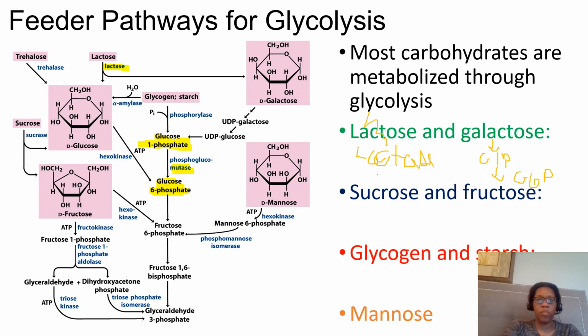So we need to break down sucrose. How are we going to break down sucrose? With an enzyme called sucrase. That's pretty easy to remember. Lactase breaks down lactose. Sucrase breaks down sucrose. So we're going to break down sucrose with sucrase.